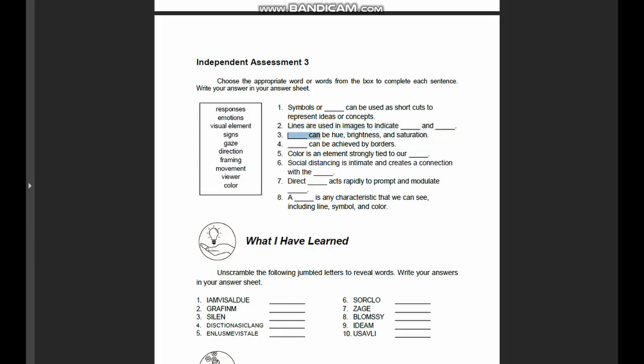Number 3. Blank can be hue, brightness, or saturation. Number 4. Blank can be achieved by borders.